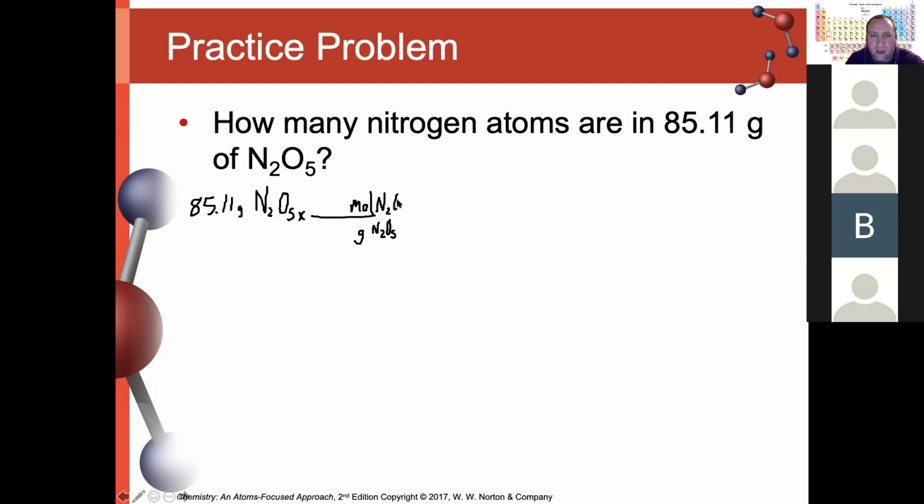Now, the way to do that is with a molar mass.